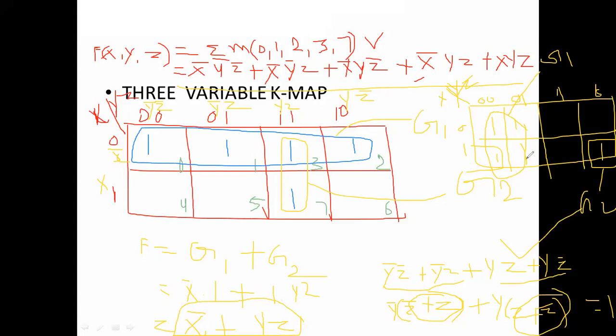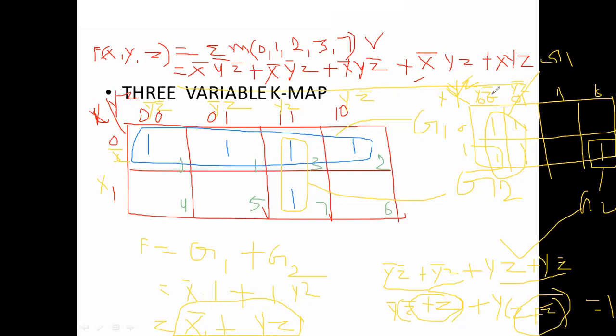For group 1, this group covers x equal to 0 and x equal to 1, so the x variable becomes 1. X bar plus x is 1. Out of these two, this is y bar z bar, this is y bar z.